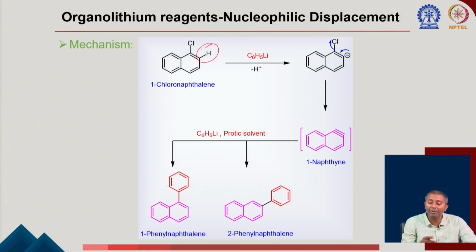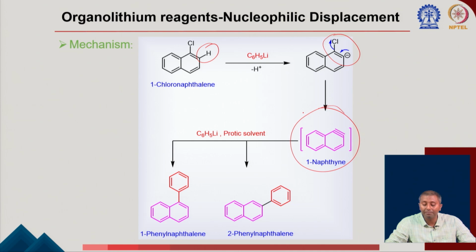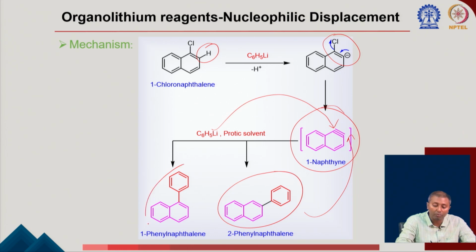So then what is going to happen? It forms the corresponding anion, with the negative charge here, and then it goes for elimination to generate the corresponding benzyne. Now the phenyllithium attacks the benzyne. You can see it can attack through this position, or it can attack through the other side. That is how it ends up making both products.